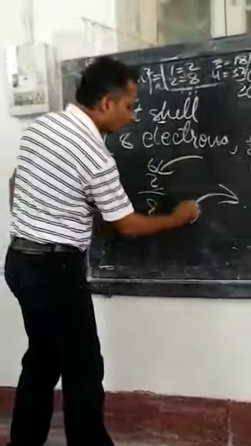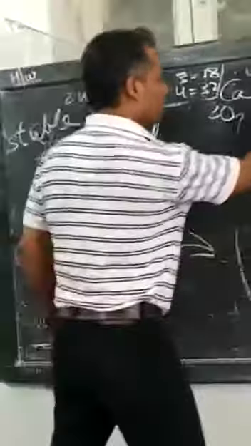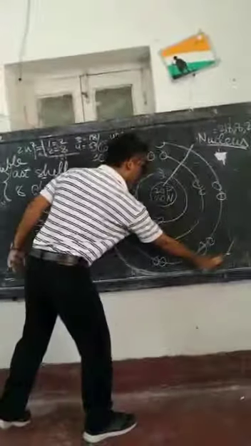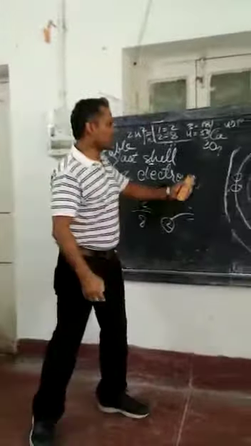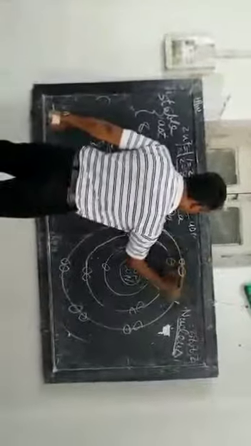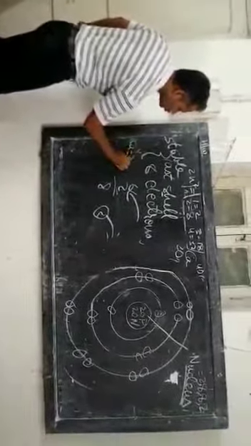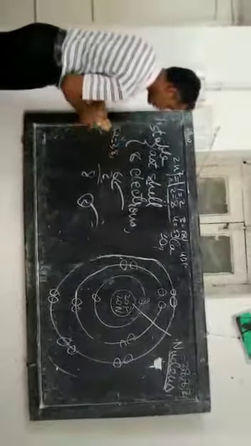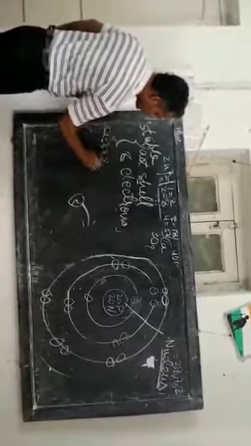So what will calcium do? It will give these 2 electrons. So these 2 electrons will be removed. Where will it give these 2 electrons? To some other atom. So now this calcium has a new configuration. The configuration was 2, 8, 8 and 2.